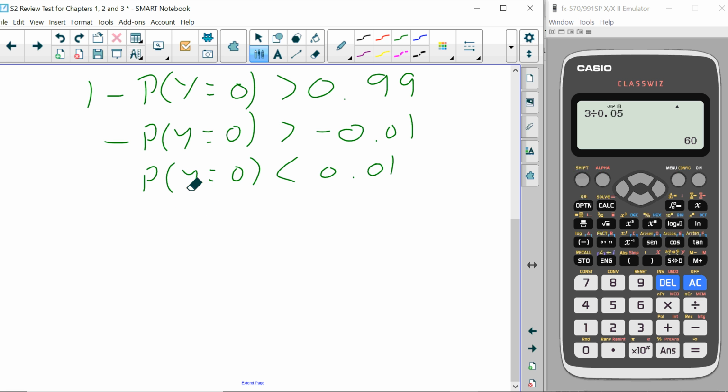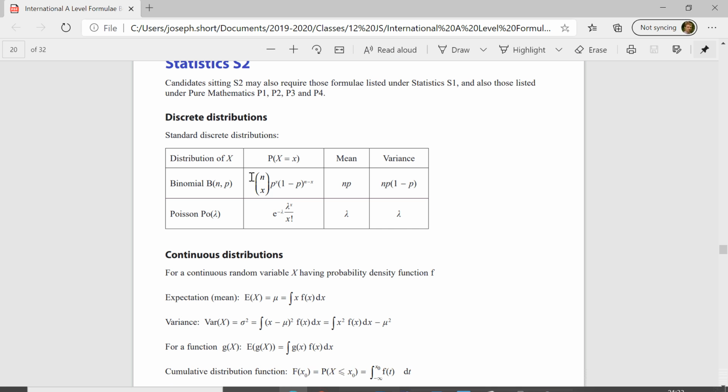Okay, well, think about this. This probability that y is equal to 0 is a fairly easy one to calculate. If you think about the binomial distribution, you've got your n choose x, p to the x, 1 minus p to the n minus x. We're looking at the cases when x is equal to 0.